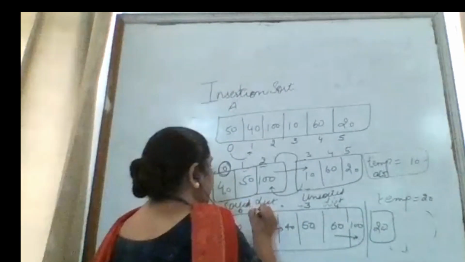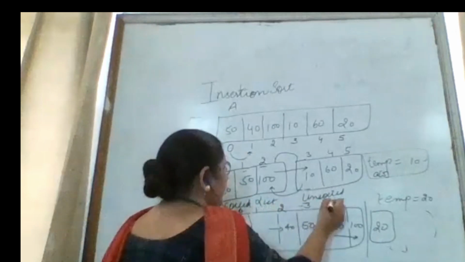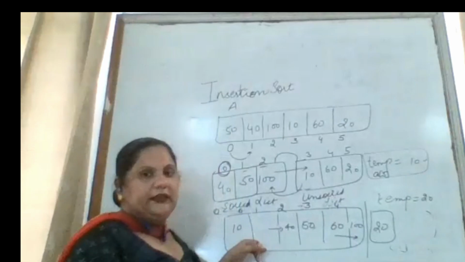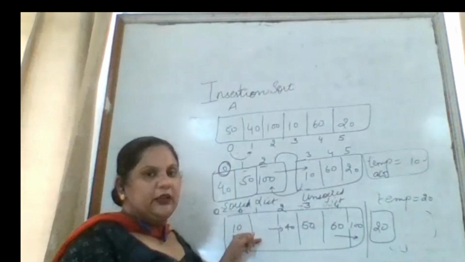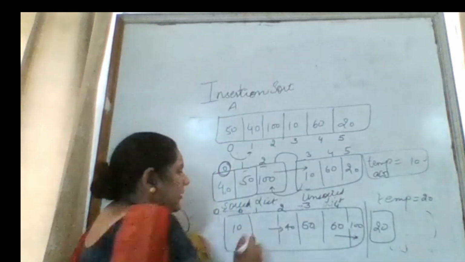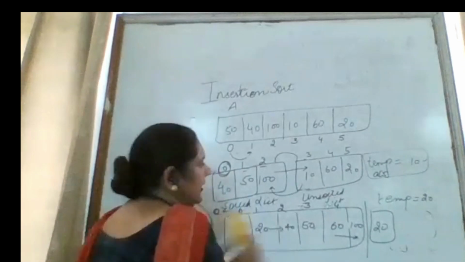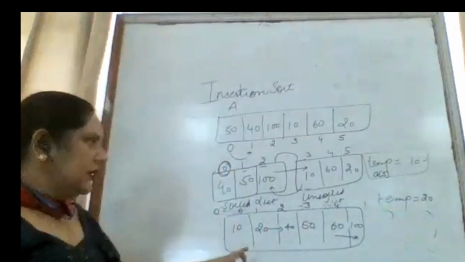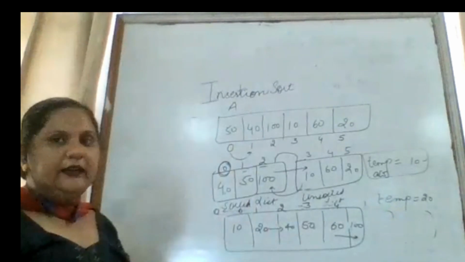Now 20 is greater than 10. That means we cannot make the move of 10. So this location is empty. So I will put 20 here. And finally, I will get my sorted list.